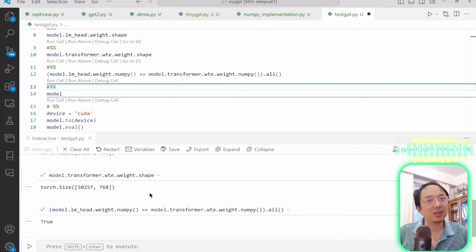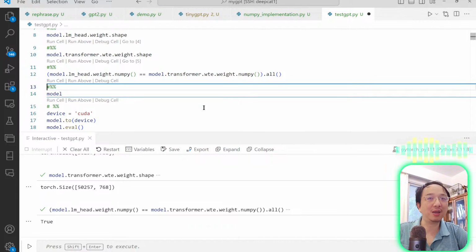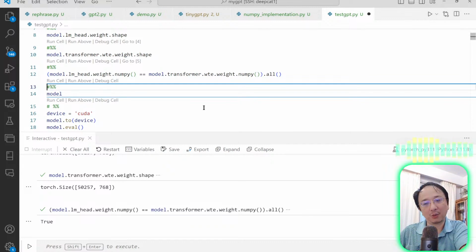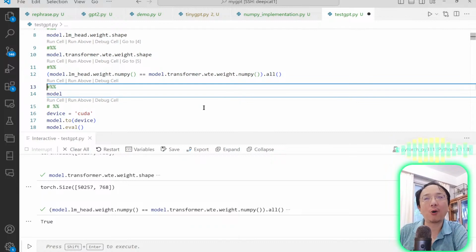This is also another great tool if you want to implement GPT-2 or other models from scratch, because you can run the models layer by layer and compare the result of your implementation with the output of the Hugging Face transformers.